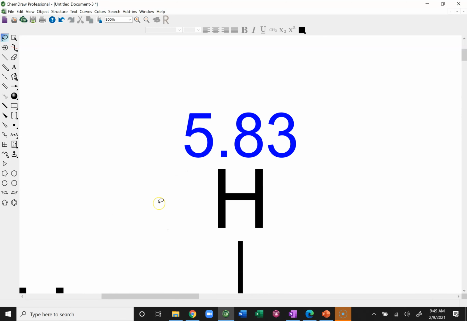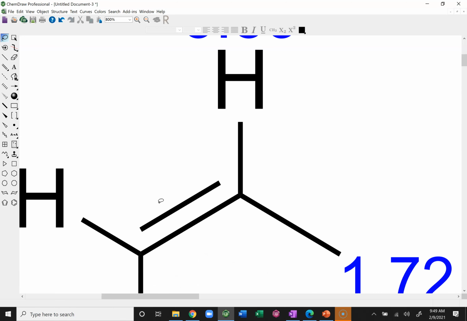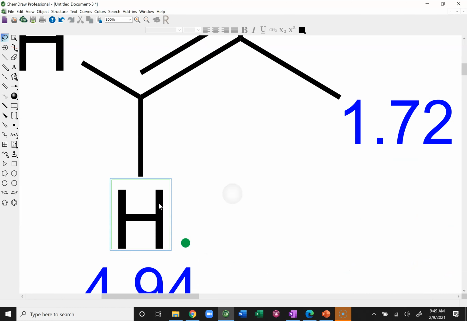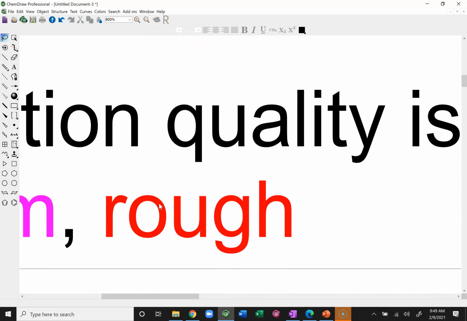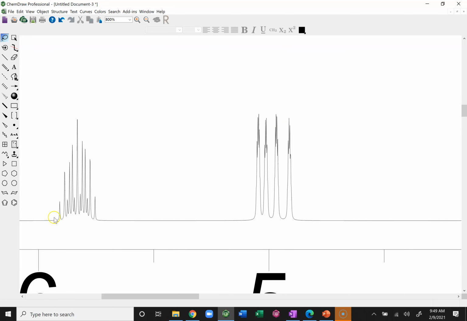There you have your 13 peaks. Not quite as nice. I didn't draw it quite as nice, but they are 13 peaks. Check that out. 1, 2, 3, 4, 5, 6, 7, 8, 9, 10, 11, 12, 13. 13 peaks. This looks nicer here. Of course, computerized. Mine is shaggy.